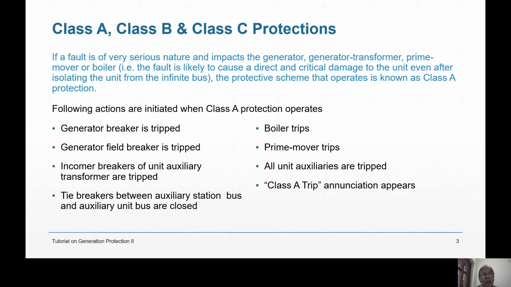Class A protection is for very severe faults, faults which are very serious in nature. Usually internal faults within generator, transformer, unit auxiliary transformer, any prime mover, that is steam turbine or boiler.